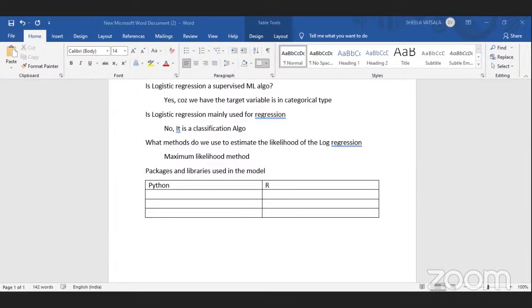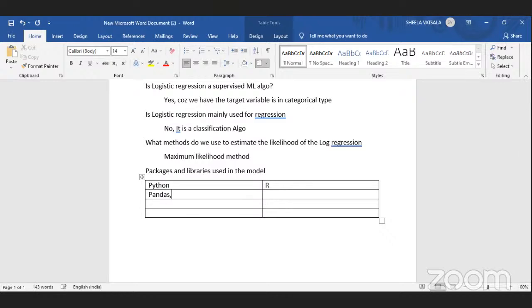So first let's look at the Python packages. Right, we all know that we use NumPy and pandas.